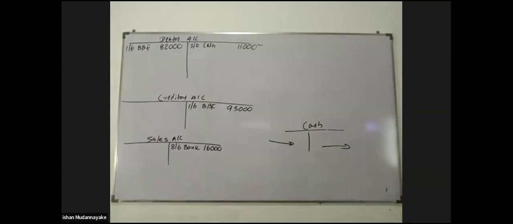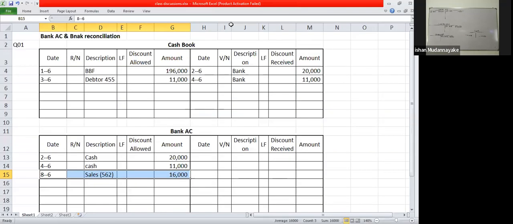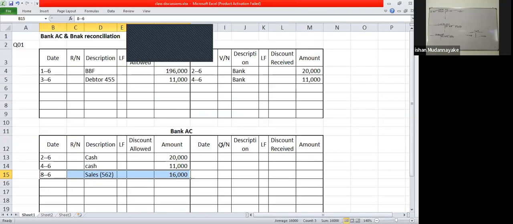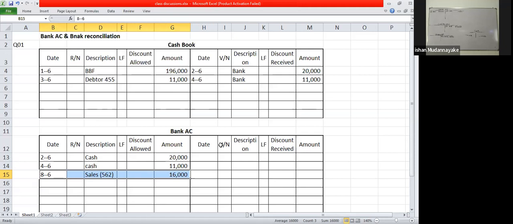Right. Look at the next transaction, 12 June. What's the transaction on 12 June? Deposited cash of 10,000 in the bank account. They again deposited 10,000 cash in the bank account.